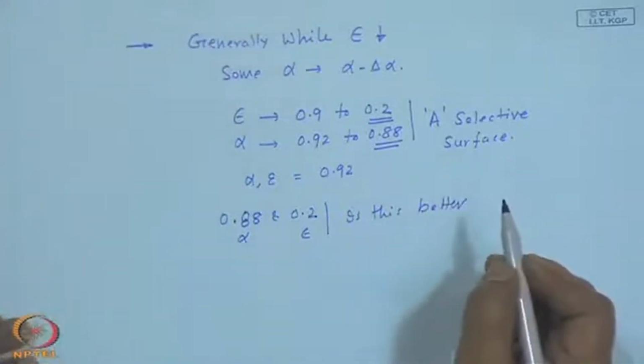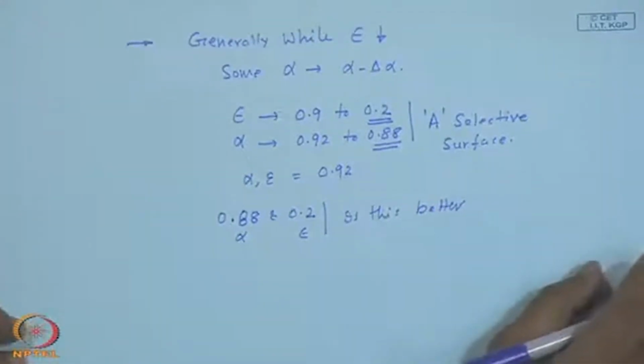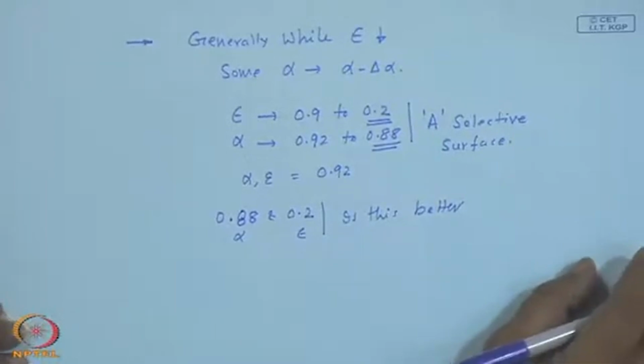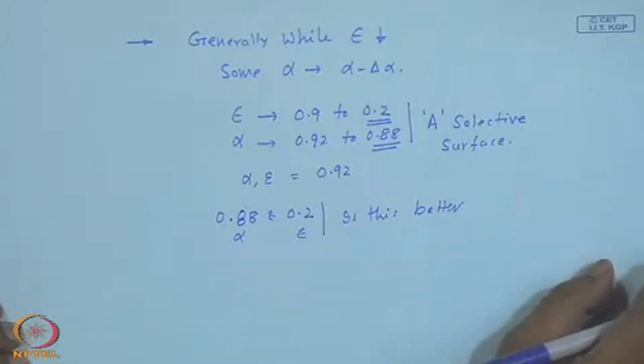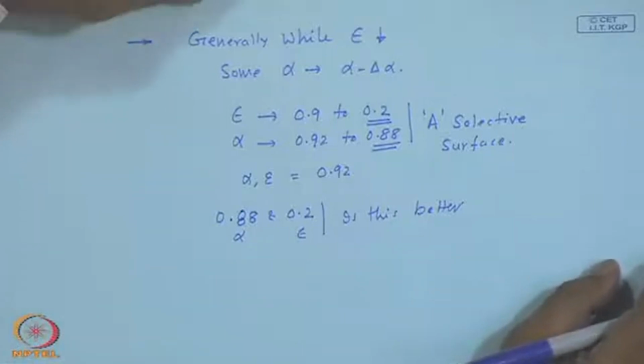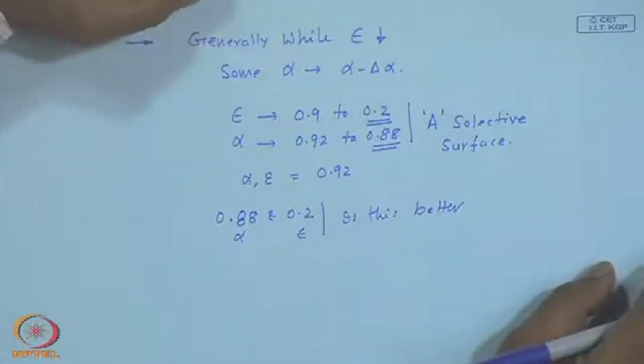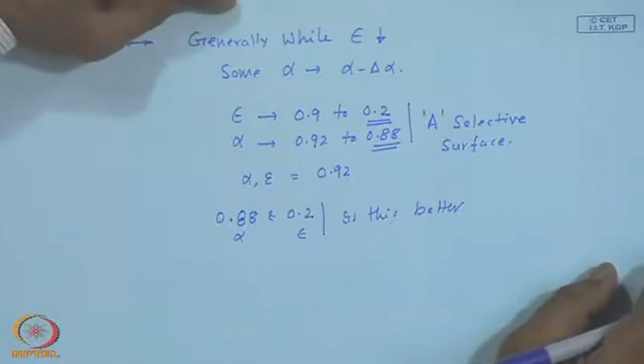This is from a thermal energy point of view, not necessarily from the physics of how to produce a selective surface. I thought it should be mentioned over here. Whenever you are producing a selective surface, there is some reduction in absorptivity also.